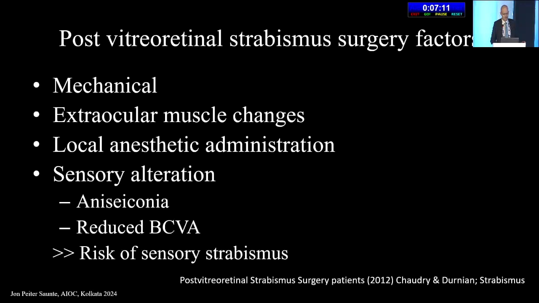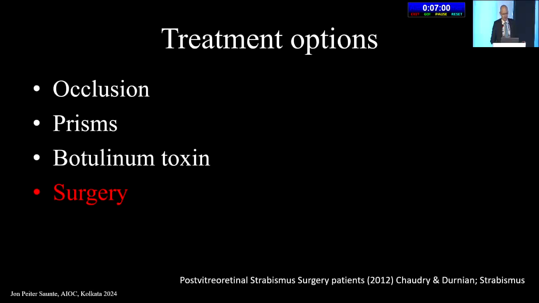So we face many factors trying to deal with these patients. We have mechanical factors, the muscles are changed, how to do local anesthesia in these cases, and sensory alteration may be a problem as well. So what options do we have? We could occlude the eye, we could use prisms, botulinum toxin, or surgery.